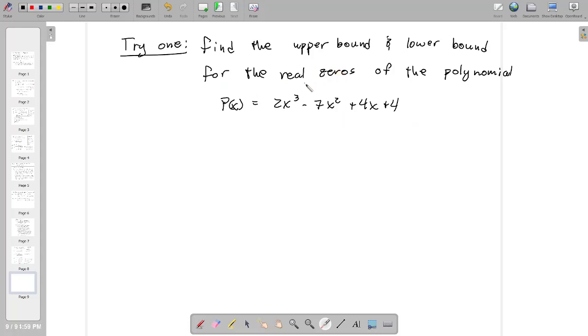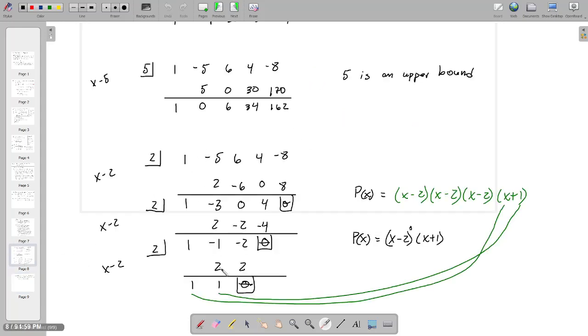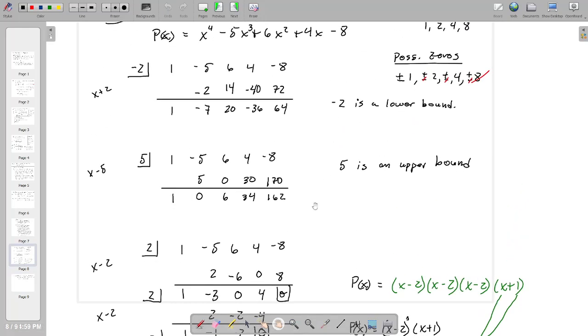Now that would just be, like in the previous example, finding our -2 and our 5. If you found a lower bound, it means that this line in the synthetic division, where the quotient and the remainder are held, will alternate in sign. That's for lower bound, and for upper bound, it will be all non-negative.